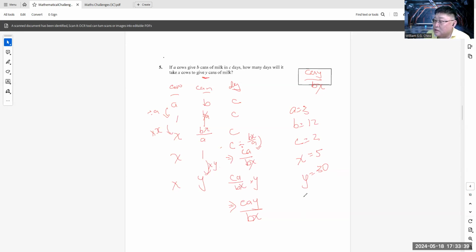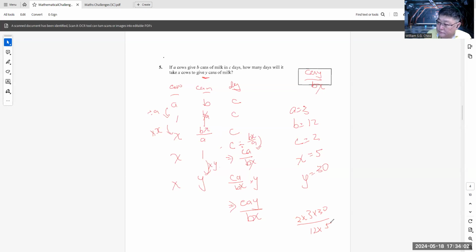CA will be 2 times 3, times 30, over 12 times BX, where X is 5.